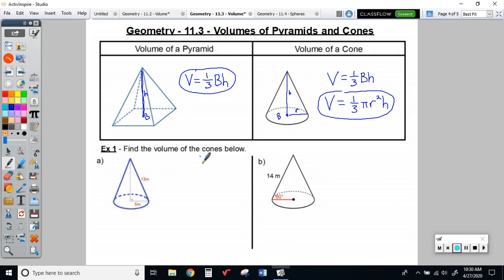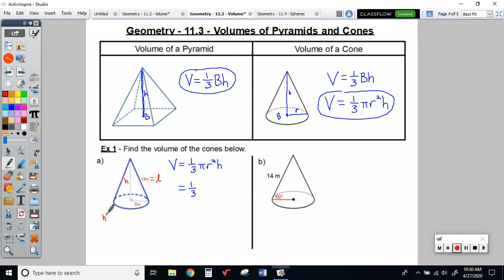So let's take a look at cones. We're going to start with the second one here, and then look at some pyramids after that. The volume of a cone, 1/3 pi r squared h, will be the formula we'll use. This one didn't quite give you the height directly. I gave you the slant height here. Remember, we refer to that with a cursive L. So this is my h here.